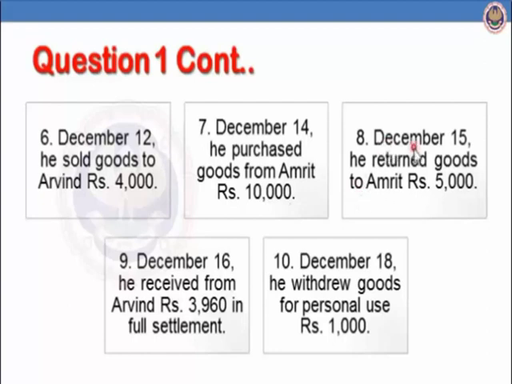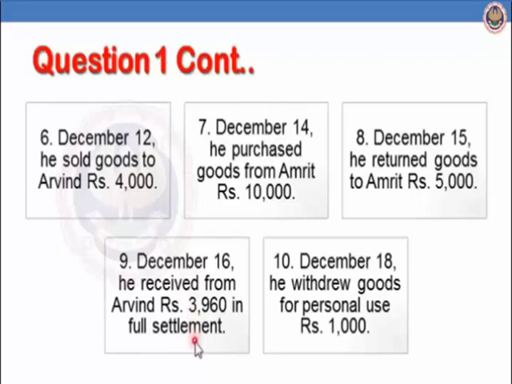On December 15th, he returned goods to Amrit. So in the 7th transaction, goods were purchased. In the 8th transaction, goods are returned to the Amrit. Then on December 16th, he received from Arvind rupees 3960 in full settlement.